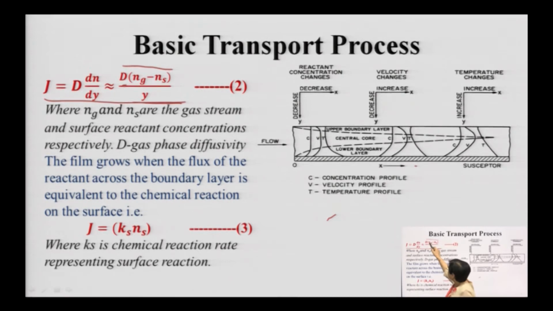You have to have a minus sign, because it flows against the concentration gradient, from higher concentration to lower concentration. This equation denotes the flow with which the gas is rising onto the wafer.